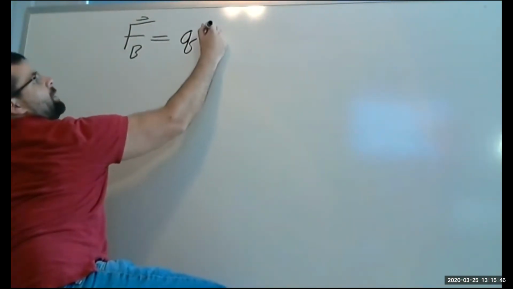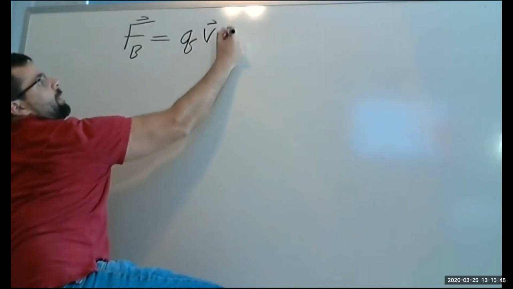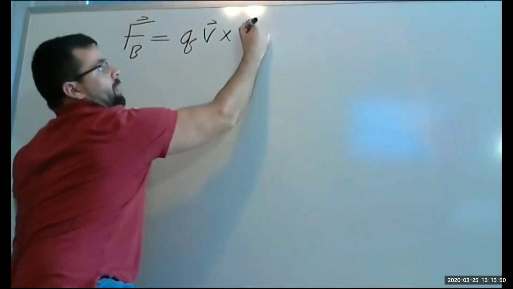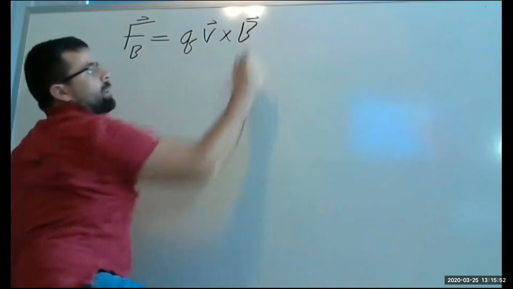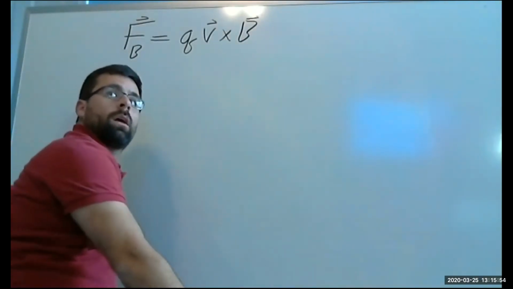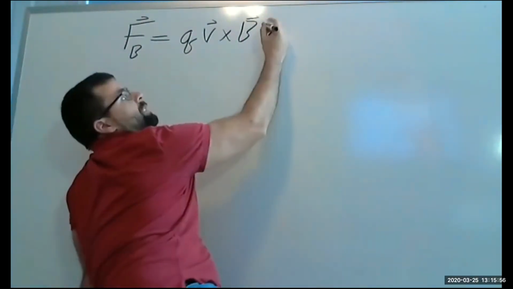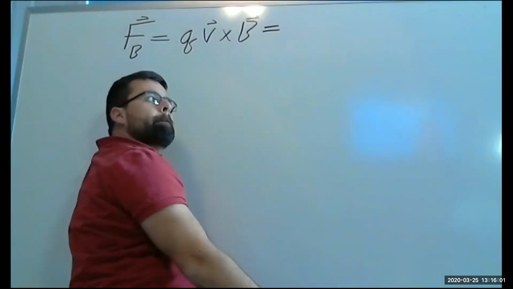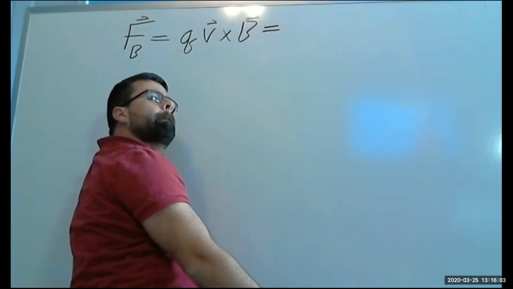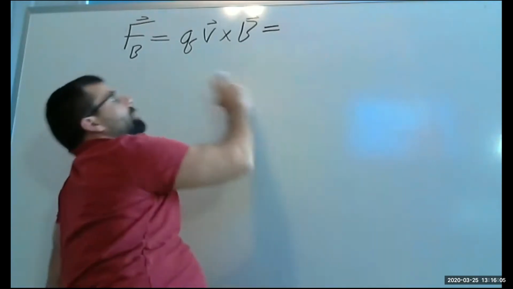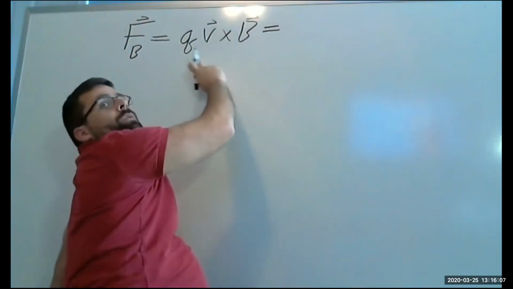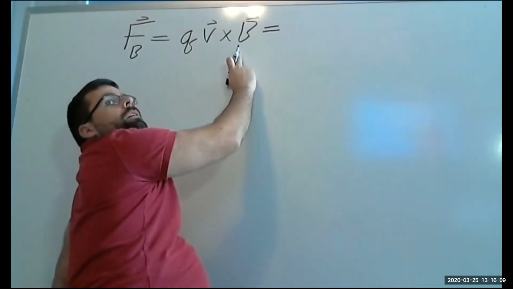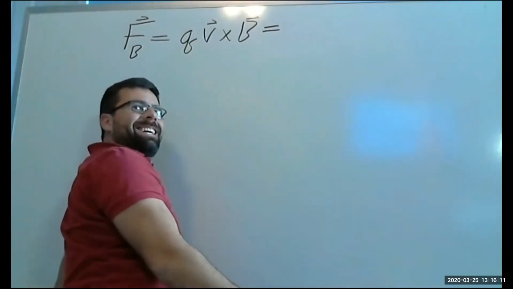So one of them is Q velocity cross B, and the sine. Is it QV cross B? That's this one. Oh yeah, that's the only one I got.